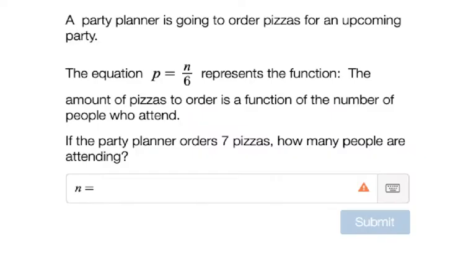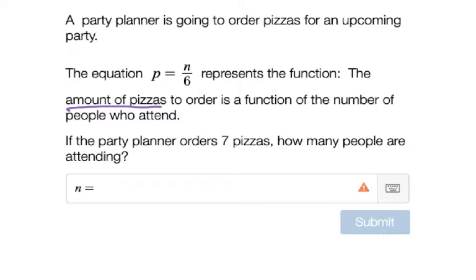Next problem. All right, now we've got a party planner, and they're going to order pizzas for an upcoming party. Here's an equation. P is equal to N divided by 6, and that represents the function. The amount of pizzas to order is a function of the number of people who attend.